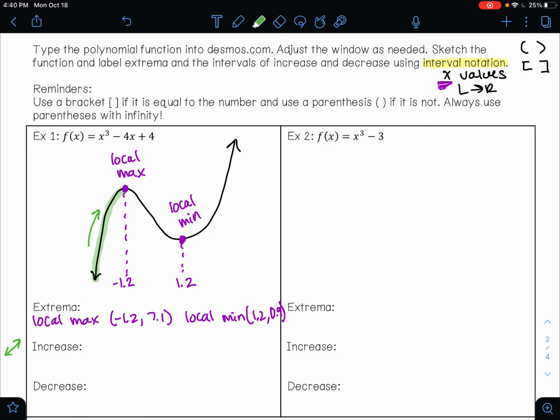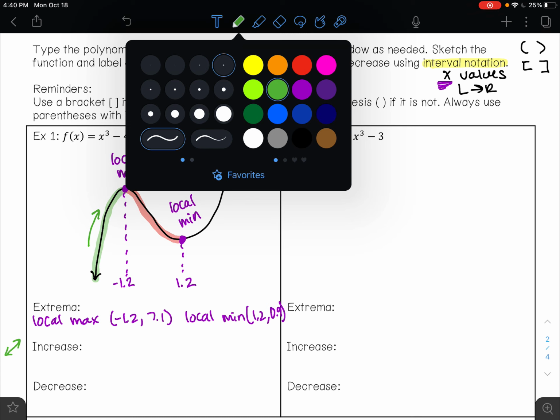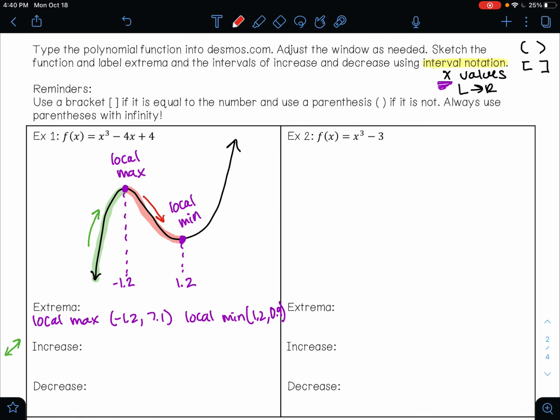For this next part, do we go up or down to get from this point to this point? Well, we went down, so that's an interval of decrease. And then from this last part, to go from here to the end, we go up from left to right. So that is another interval of increase.